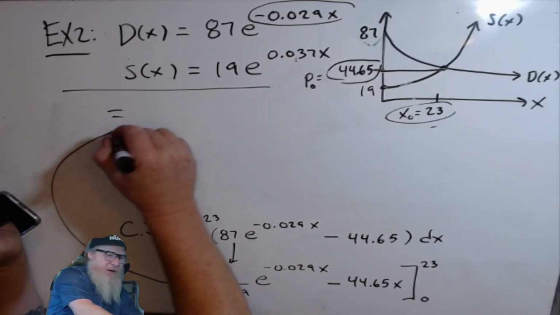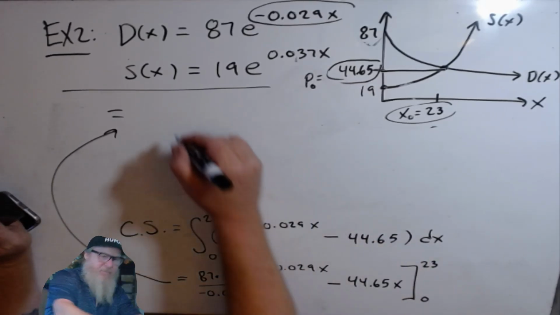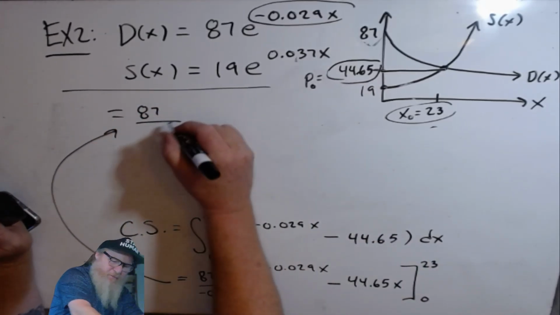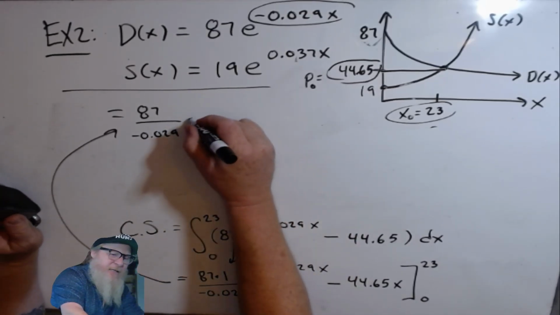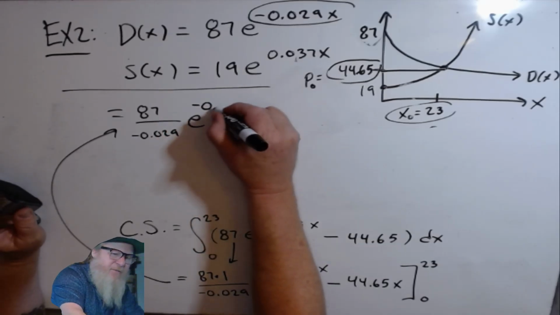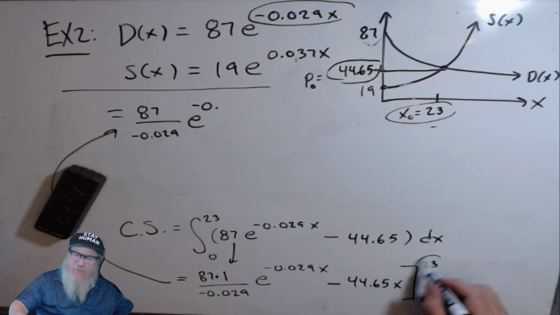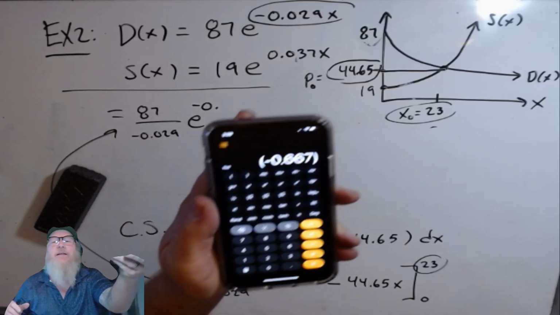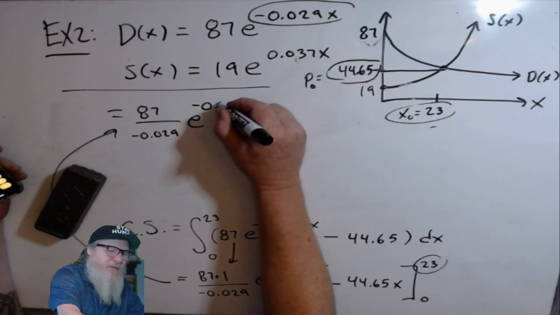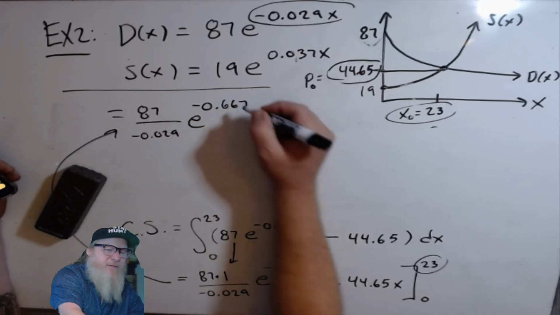All right. So coming up here, I've got 87 over negative 0.029 e to the negative point, and I'm going to go ahead and plug in 23. I think I already know what that's going to be. 23 times negative 0.029. Yeah, it's the same thing it was last time. 0.667.